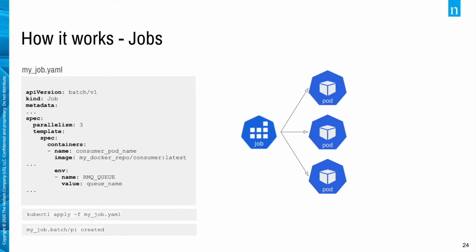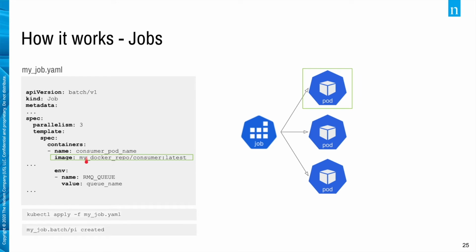So let's look at a few interesting features inside this configuration file. First, the parallelism. Here we indicate how many pod instances should work on the job, in our case 3. Second point is what is the image that the pod should run. In our case, it's a message consumer image. So each one of these 3 pods will be a message consumer.